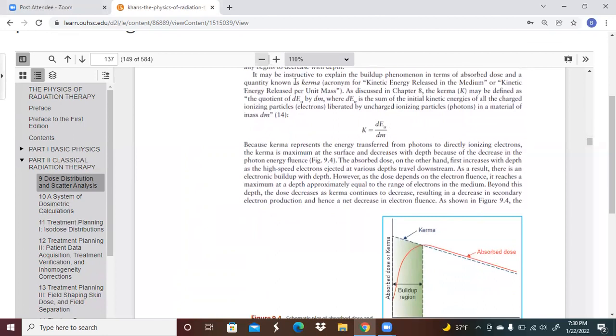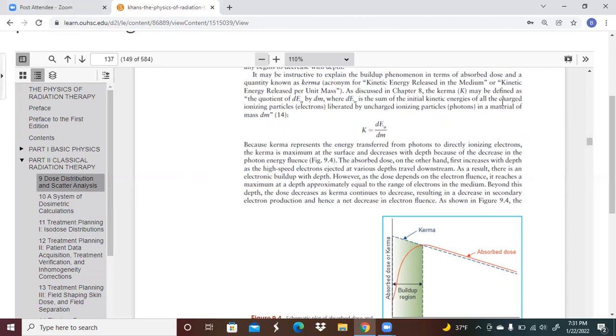So now we're going to get to a concept known as KERMA, kinetic energy released in the medium, or kinetic energy released per unit mass. As we talked about in chapter 8, if you remember back that far, K may be defined as the quotient of the change in the energy divided by the change in the mass.